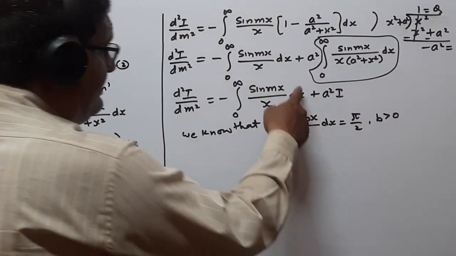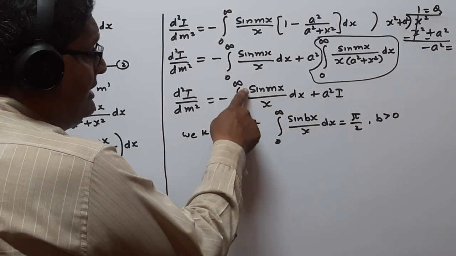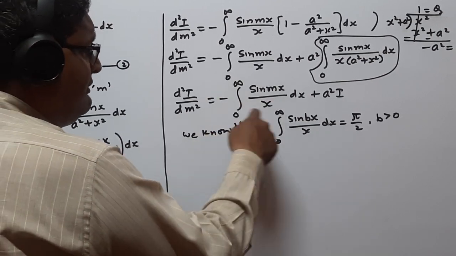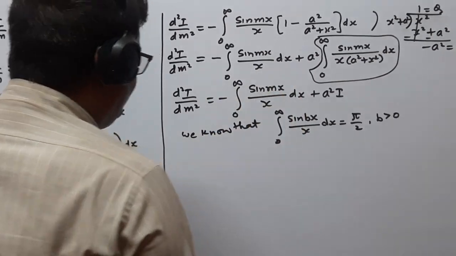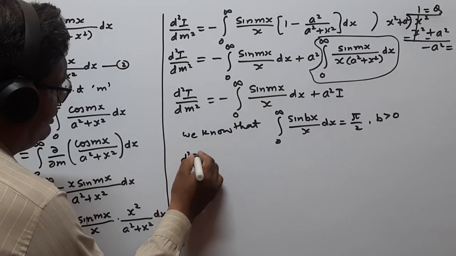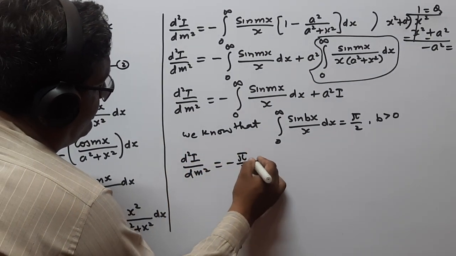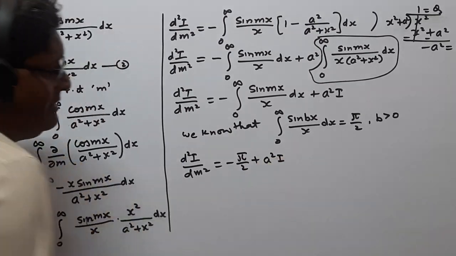Now we put here this integral sine mx upon x, between the limits 0 to infinity, equal to pi by 2. So this can be written as d2I by dm2 is equal to minus pi by 2 plus a square I.